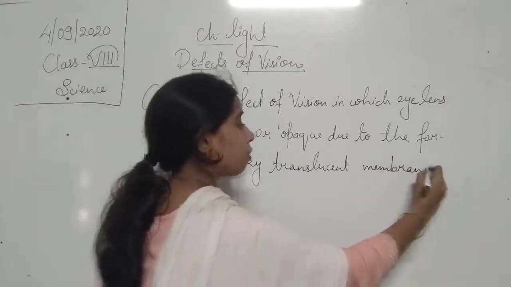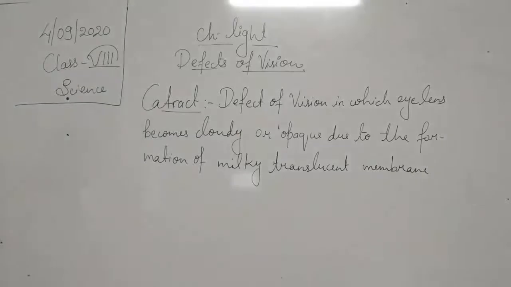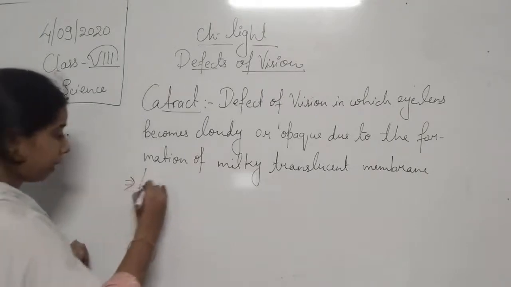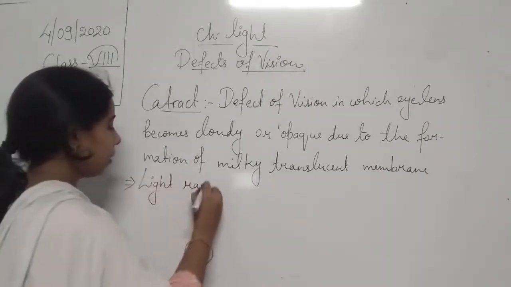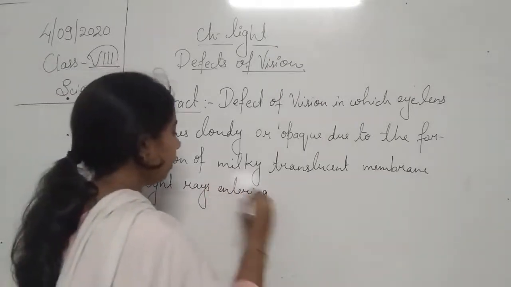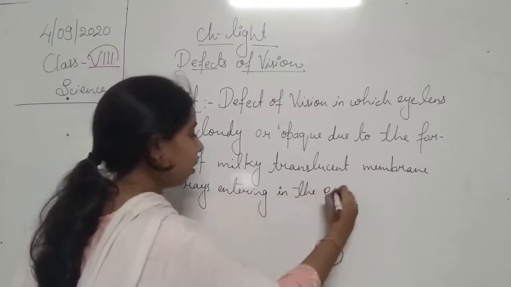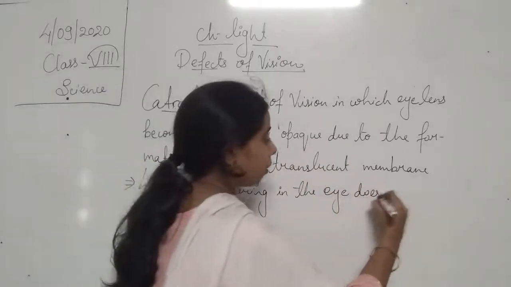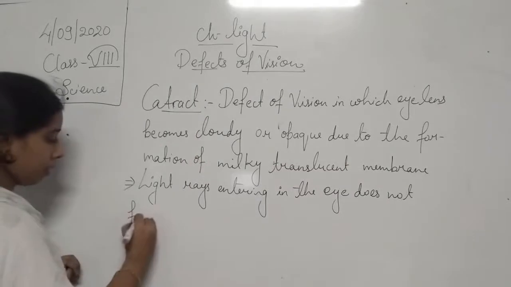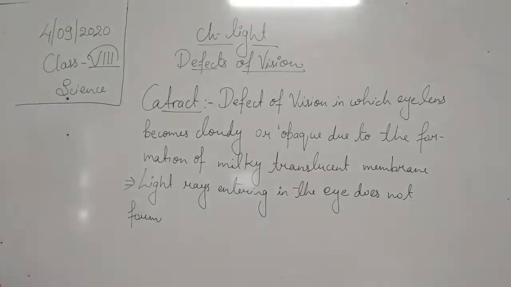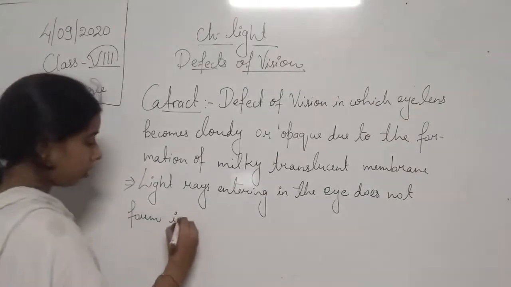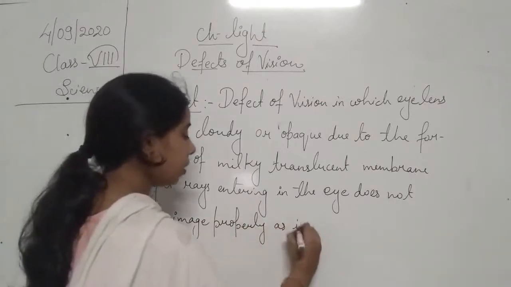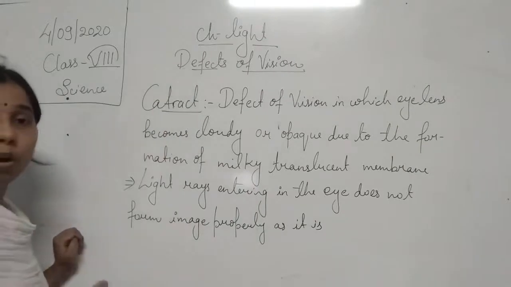So due to the formation of this milky translucent membrane, student, basically what happened in case of cataract, the light rays entering the eye do not form an image properly, as they are not able to fall on the lens properly.